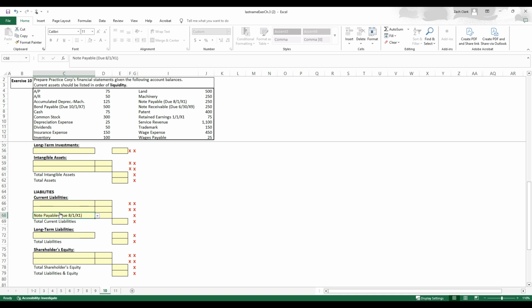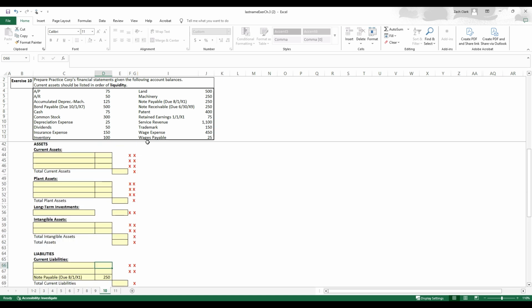Yeah, so even though it's a note payable, if it's going to be due within the next 12 months, it will still be current. And then if we have this bond payable, which is due farther out, then it's going to be the long-term portion. And then let's see if there's anything else kind of different here.